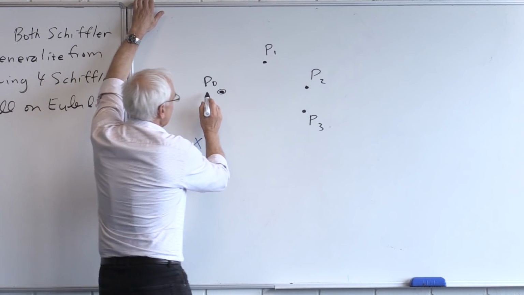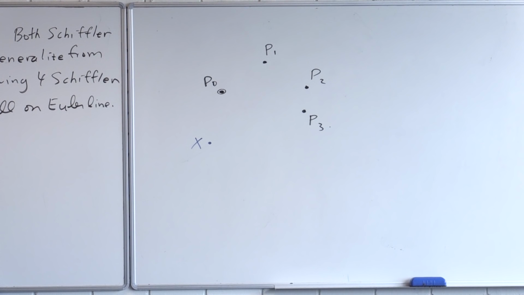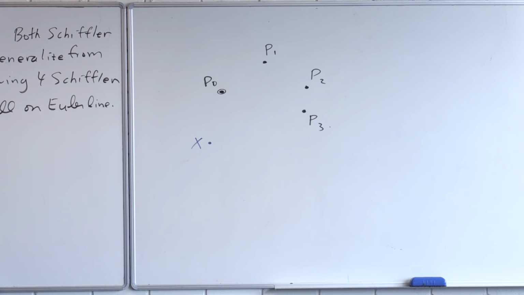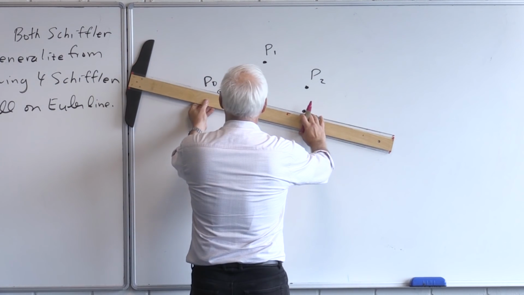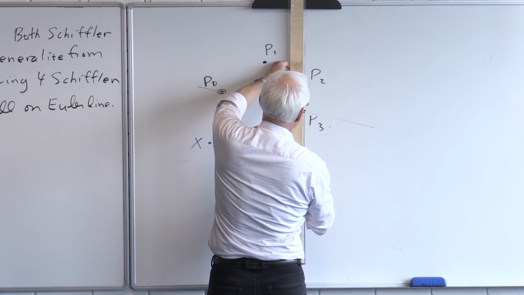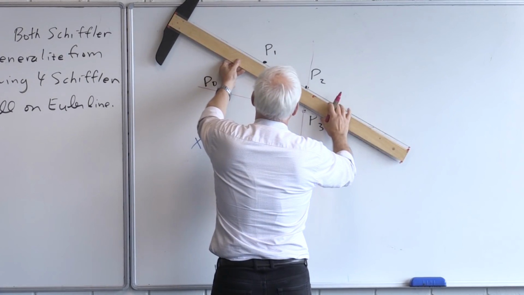So what I have to do is, first of all, create the diagonal triangle associated with this thing. Maybe I use a different color.